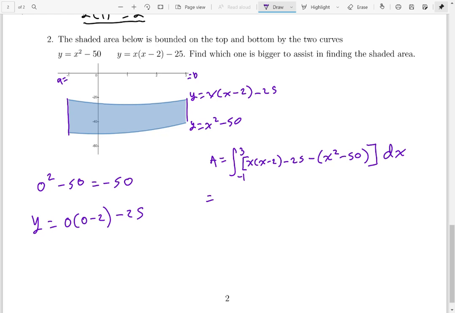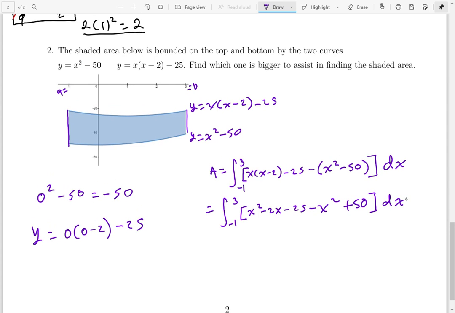I'm going to do some simplification of this first, and then find my antiderivative. And so this is then the integral from -1 to 3 of x squared minus 2x minus 25 minus x squared plus 50 dx.